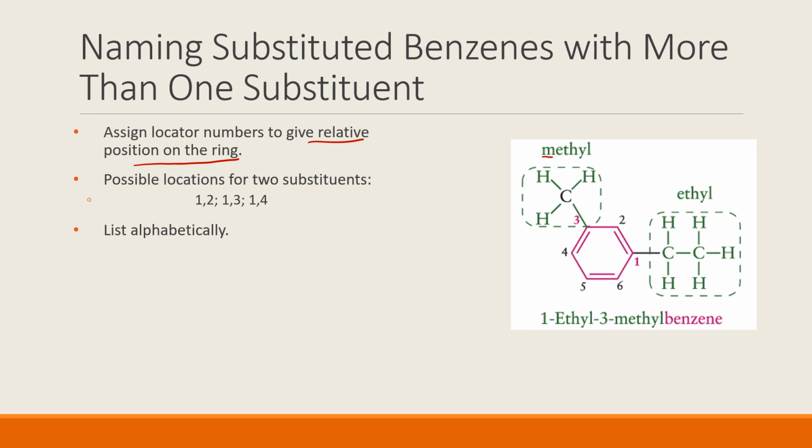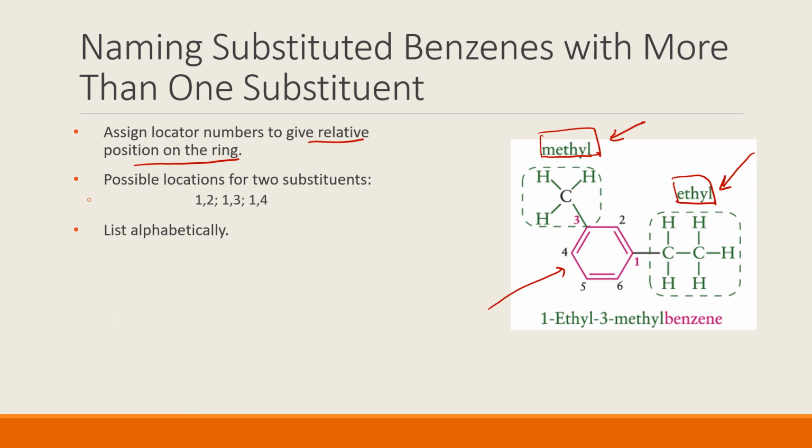If the names of the substituents are different, such as in this case ethyl and methyl, we give the smaller number to the substituent which comes first in alphabetical order. So in this case we will give number 1 to the ethyl substituent, and then we count either clockwise or anti-clockwise, whichever way gives the smaller number to the other substituent. In this case, counting anti-clockwise gives the smaller number to the other substituent, which is methyl, and then we assemble the name together just as in the case of alkanes and cycloalkanes.